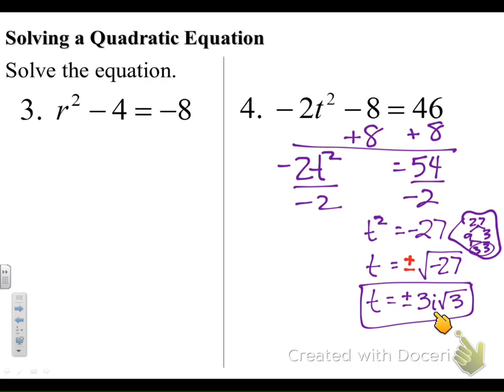This i could have been written after the radical. That's fine. I just like to write it before the radical so you don't think it's part of the radicand anymore. Once you label it with an i, it's assumed you're just talking about the square root of negative 1. Be sure it's not underneath this anymore.